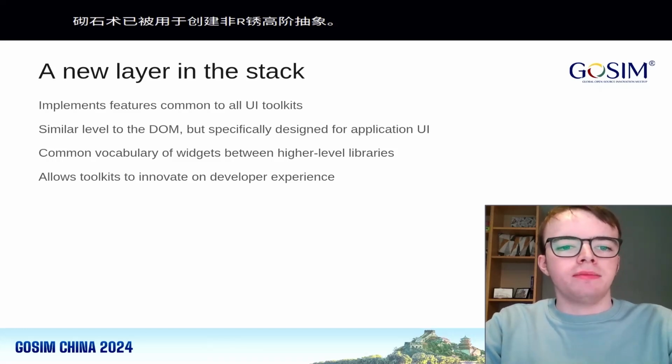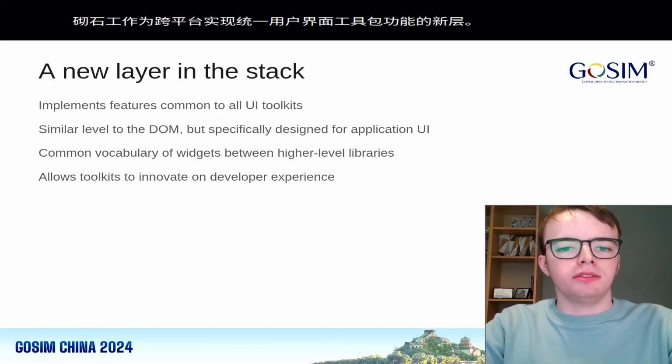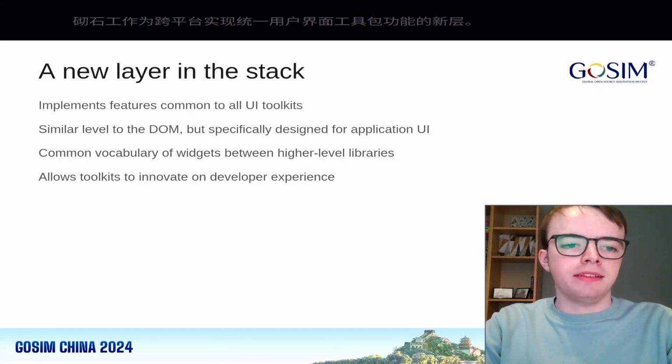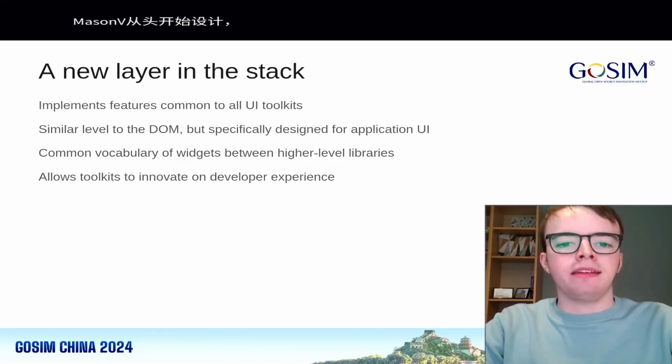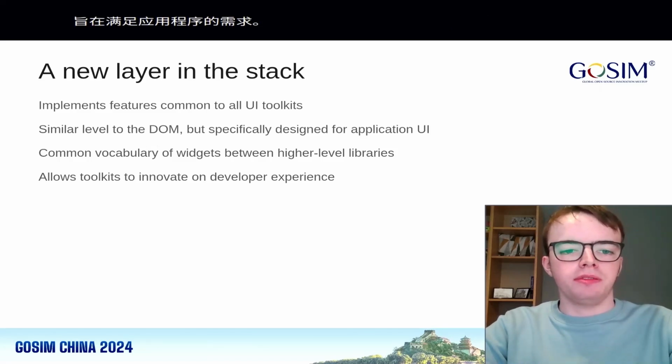This is reminiscent of the web DOM, in that there are many frameworks such as React or Solid that make use of it. Masonry is designed from scratch to meet the needs of apps, rather than documents as in the web. This gives it the aim of bringing this innovation advantage of the web to cross-platform app development.